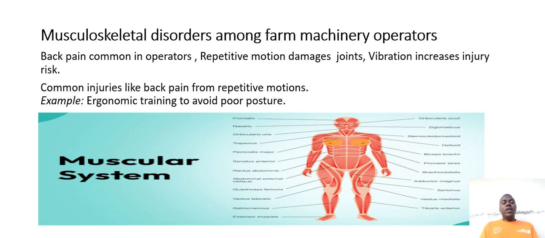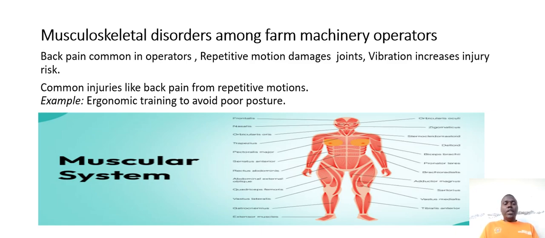This slide is talking about musculoskeletal disorders among farm machinery operators. At that point we talk about back pain being common in operators, repetitive motion damaging joints, and vibration increasing injury risk.